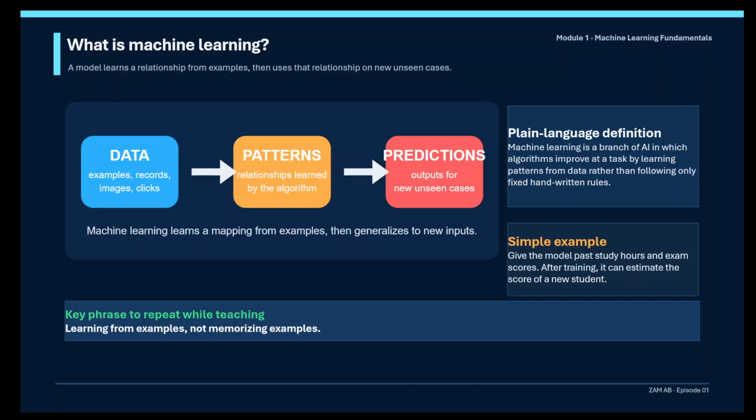A simple example we can give is to give the model past study hours and exam scores. After training, it can estimate the scores of a new student. There's a relationship between the number of hours a student has studied and the result the student has achieved.